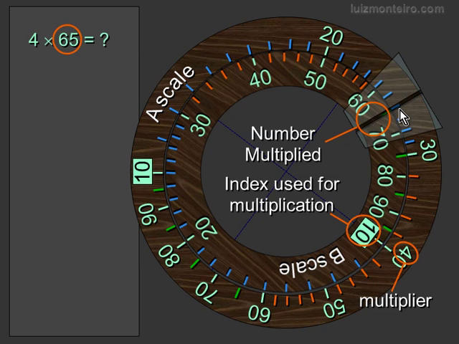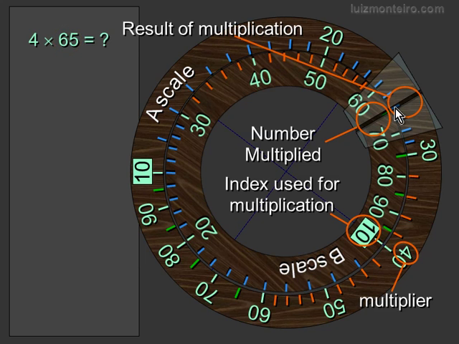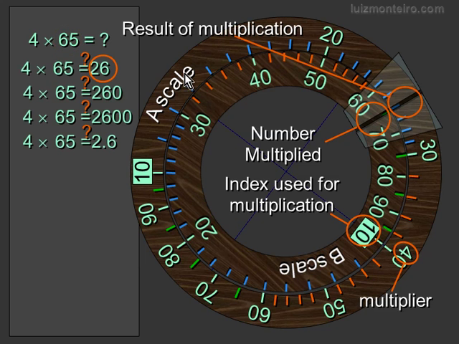We just have to adjust the answer for the decimal points. So the answer is 21, 22, 23, 24, 25, 26. Now we have to adjust for the decimal point. 4 times 65 equals 26. That would be too little. 4 times 65 equals 260.